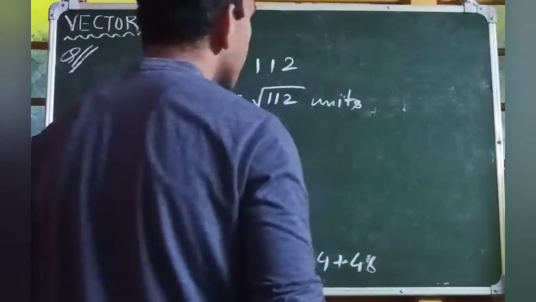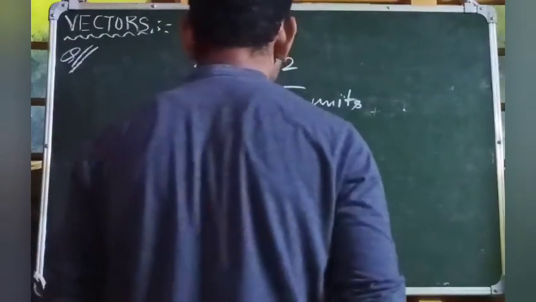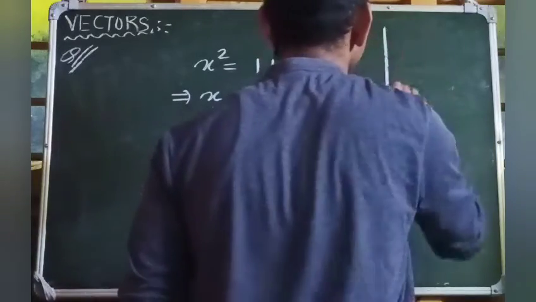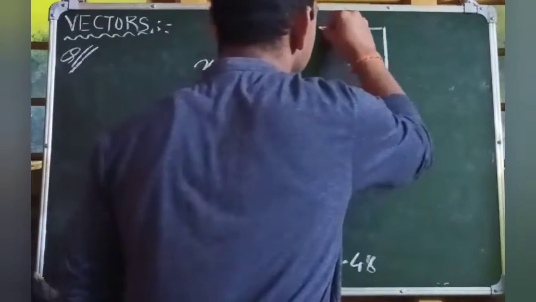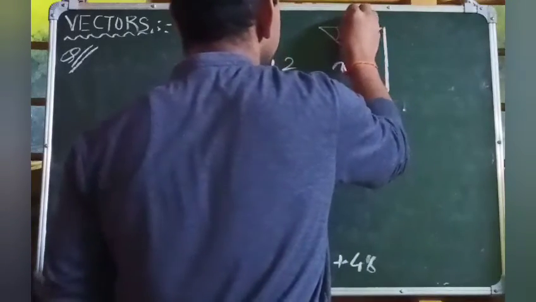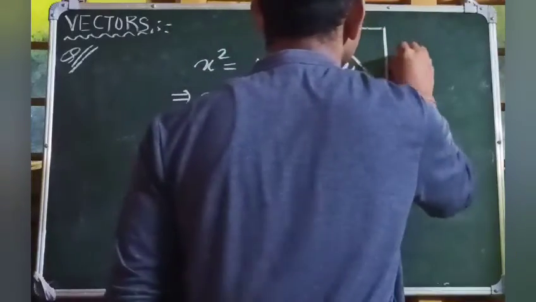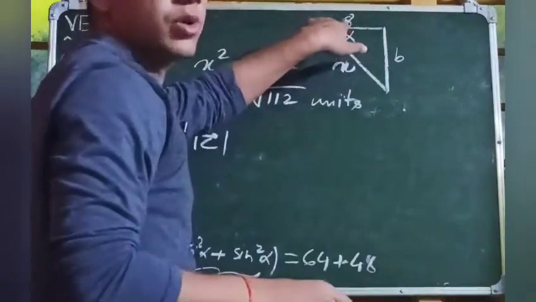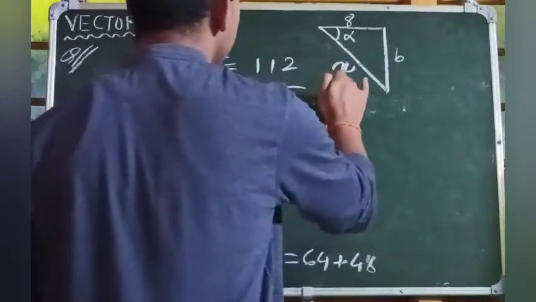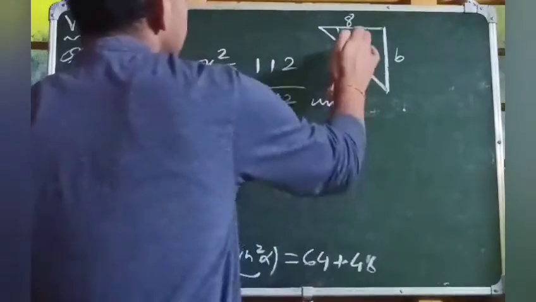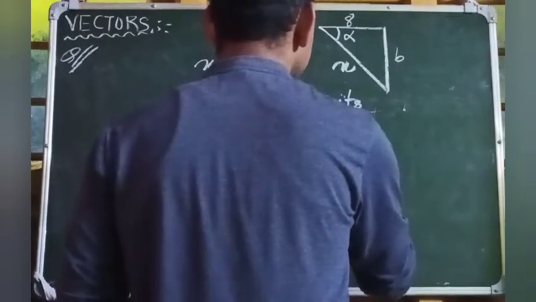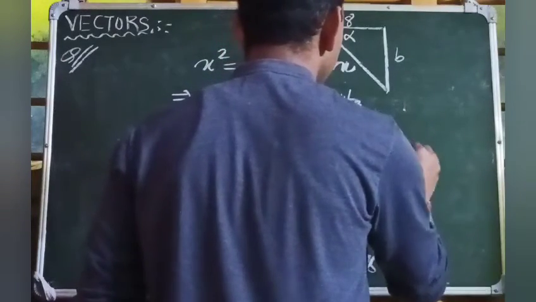Now we can also find the angle alpha from the diagram. Let's draw the diagram once again. This is x, this is alpha, and this is 8, this is b. This is basically the magnitude of a vector we are writing. Now we know the value of x, so we can write x cos alpha is equal to 8.